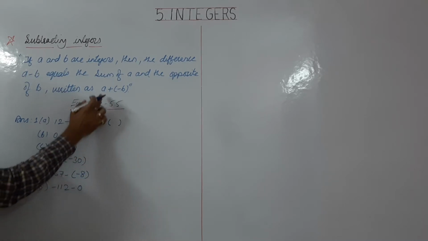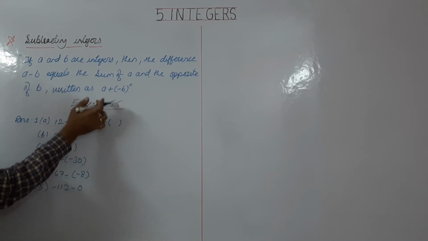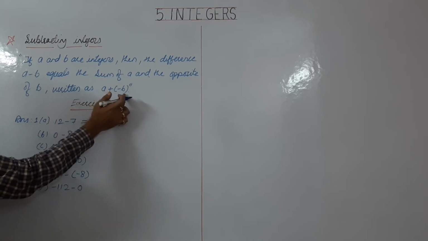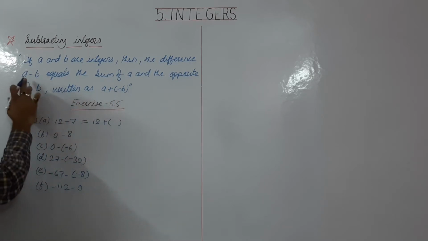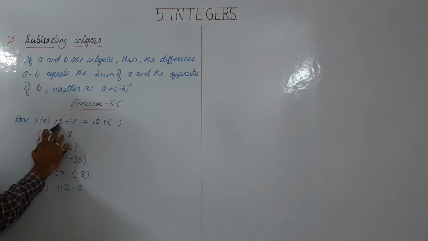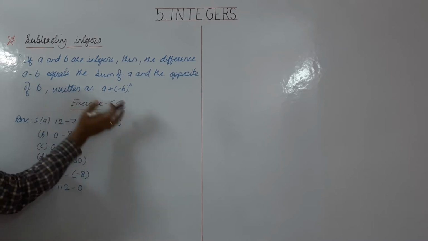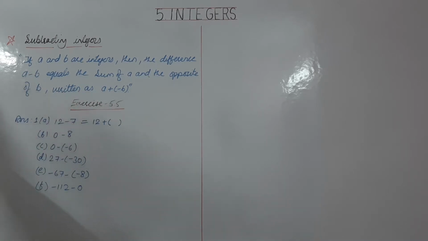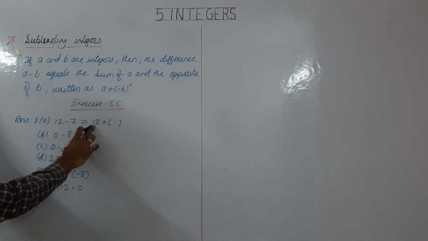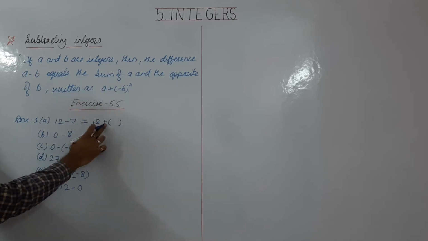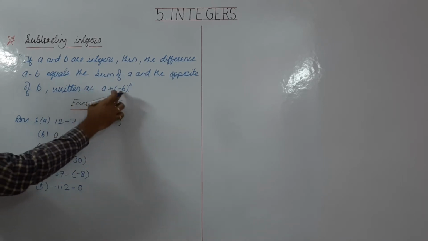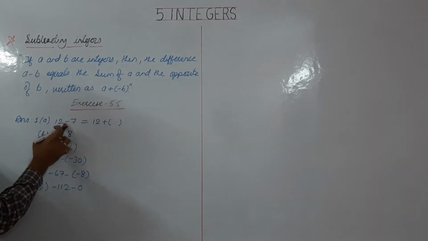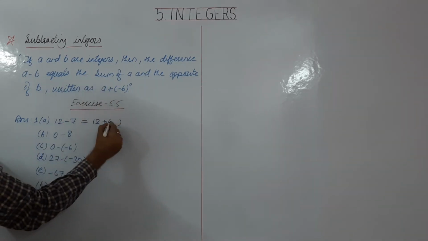Here a is 12 and the value of b is 7. So similar to a minus b, we have 12 minus 7 and we have to write it in this format. So we have to write 12 plus minus of b, or minus of 7, or opposite of 7.